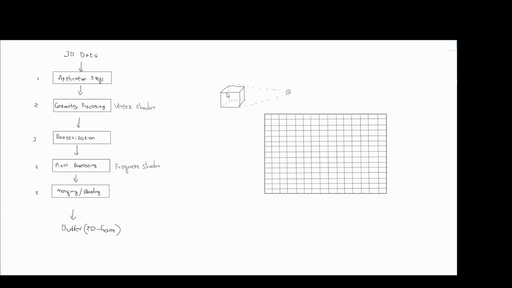For example, in this picture, we have a 3D cube. And suppose this is a camera. So we are seeing from the left side of this cube. Based on this viewing angle, or this perspective angle, suppose we draw a plane here.